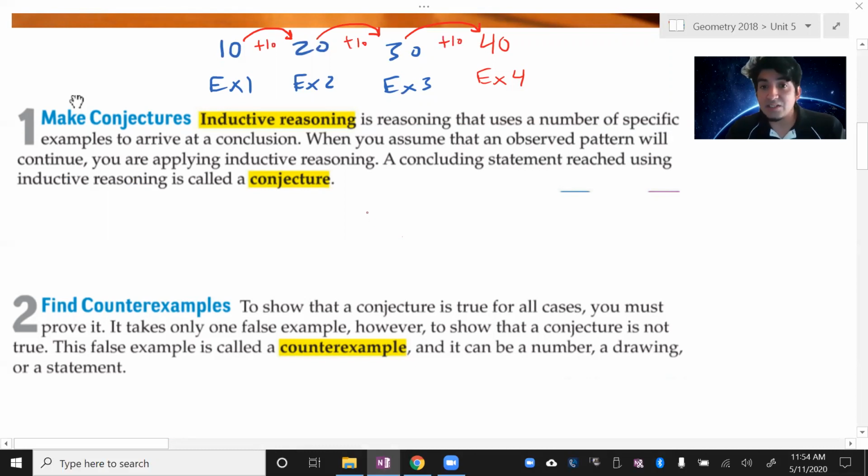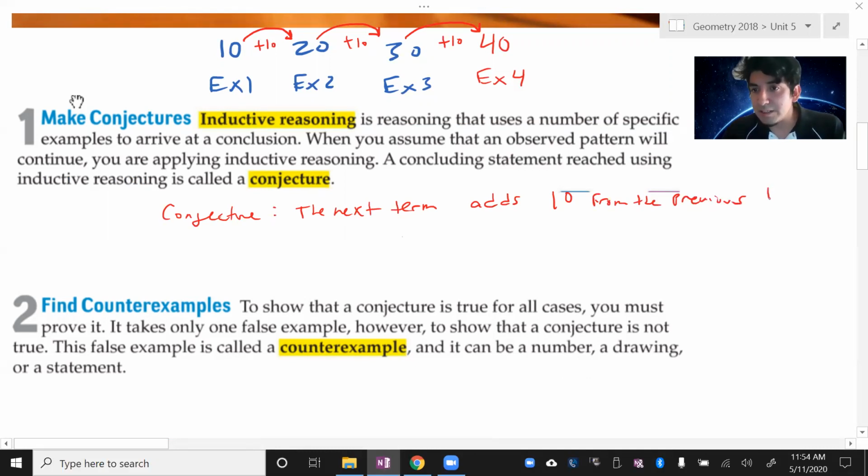So if I need a conjecture, which is a statement for this, my conjecture can be that the next term adds 10 from the previous number.